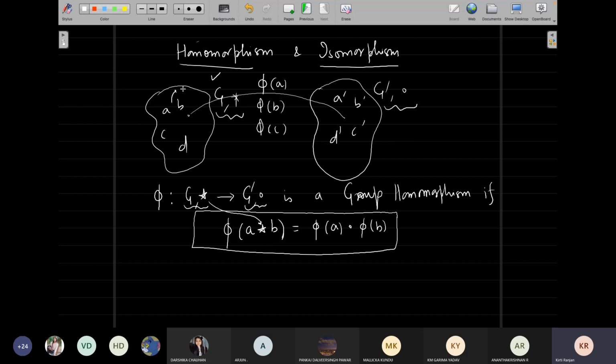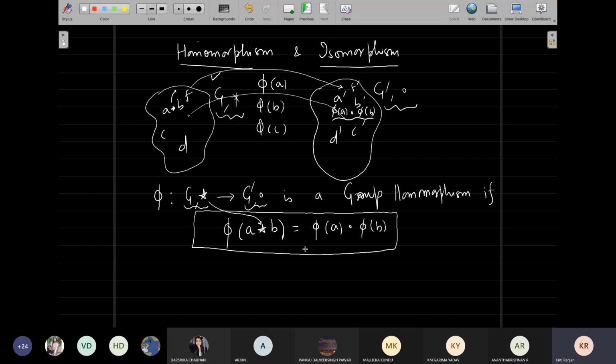Let's say this element comes out to be F. So if A star B comes out to be F, then it is going to map to an element in the other group, which will be F prime, which is nothing but phi A composed with phi B.